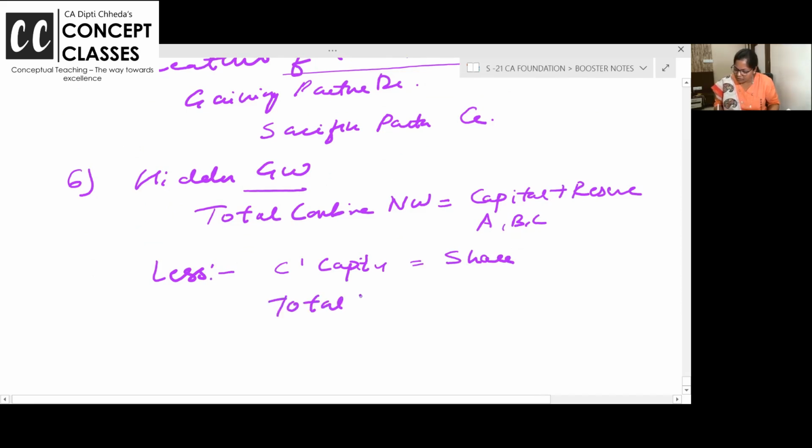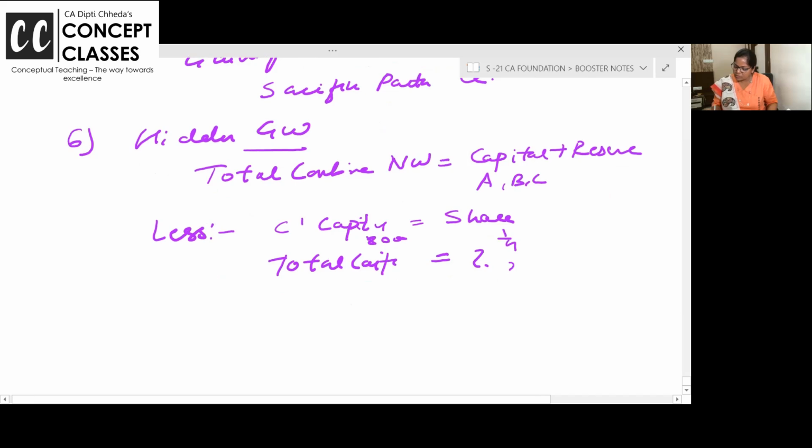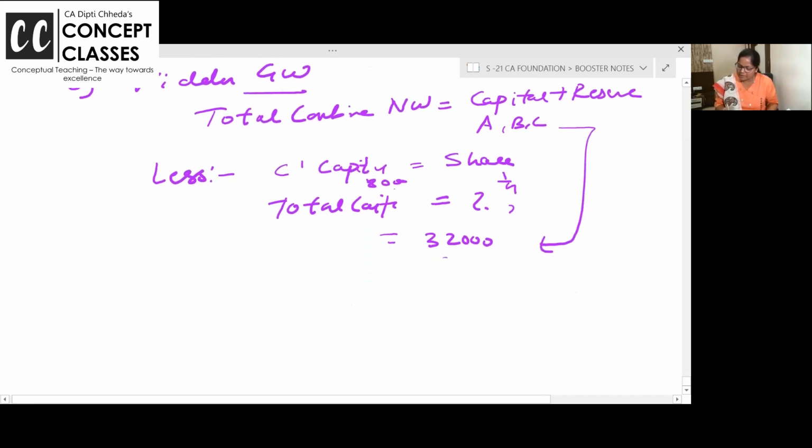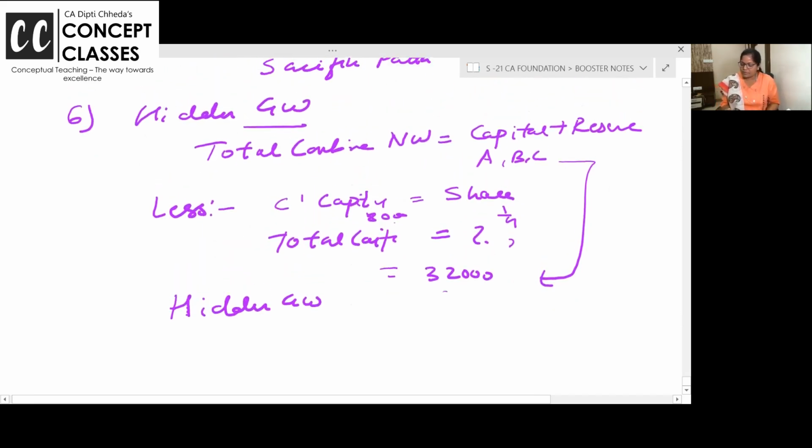So what is the total capital? C has got 8,000 for 1/4 share. So total capital will be 32,000. Write an example also: 8,000 capital he got for 1/4 share, so 32,000 total capital. And this minus this is hidden goodwill.